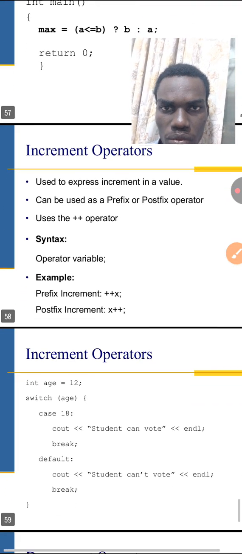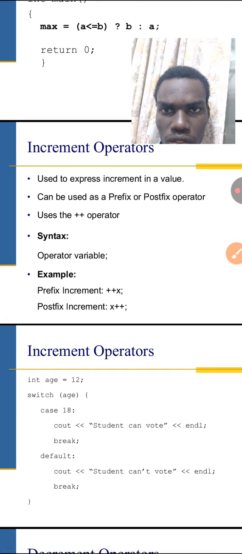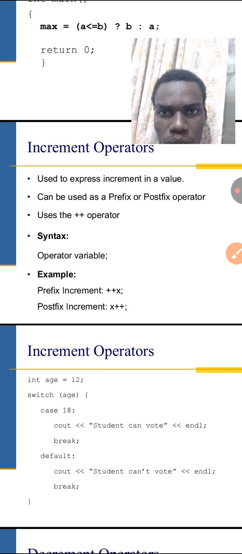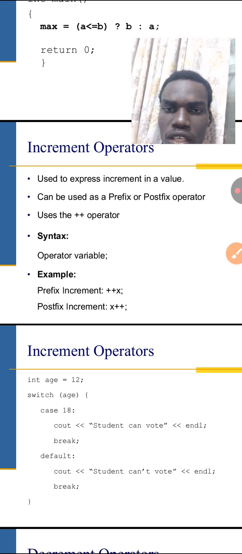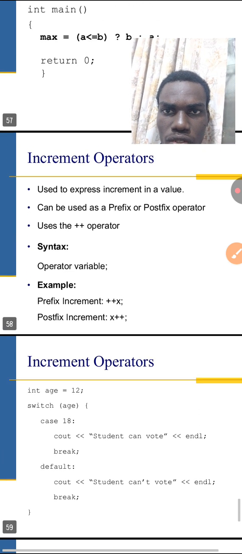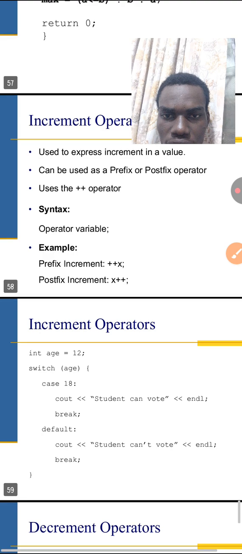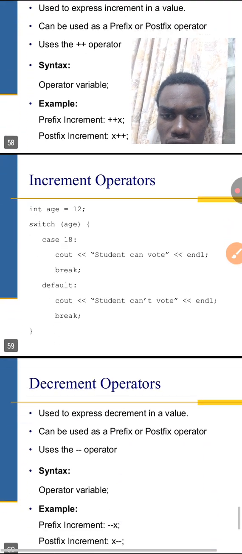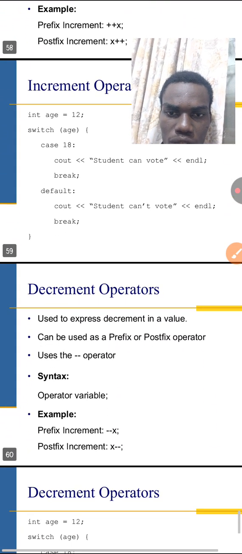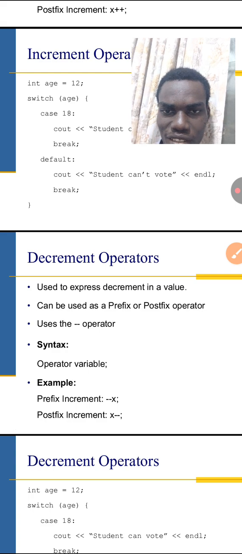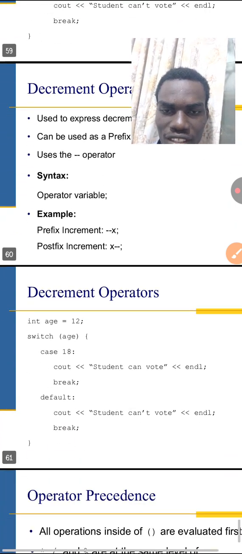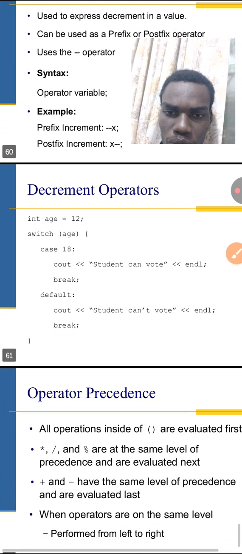They are used to express an increment in a value and can be used as a prefix or postfix operator. You use the plus plus operator. And now let's look at the decrement operator with the minus. You use the minus minus sign for the decrement operator.